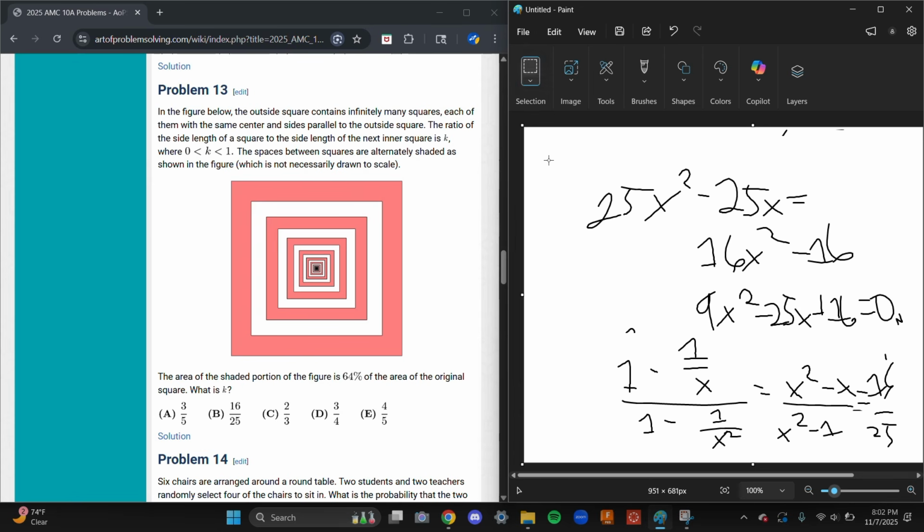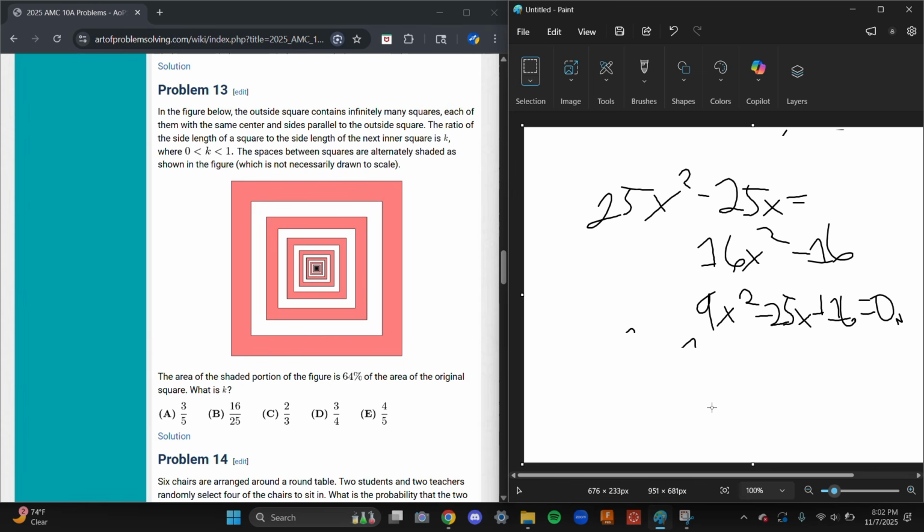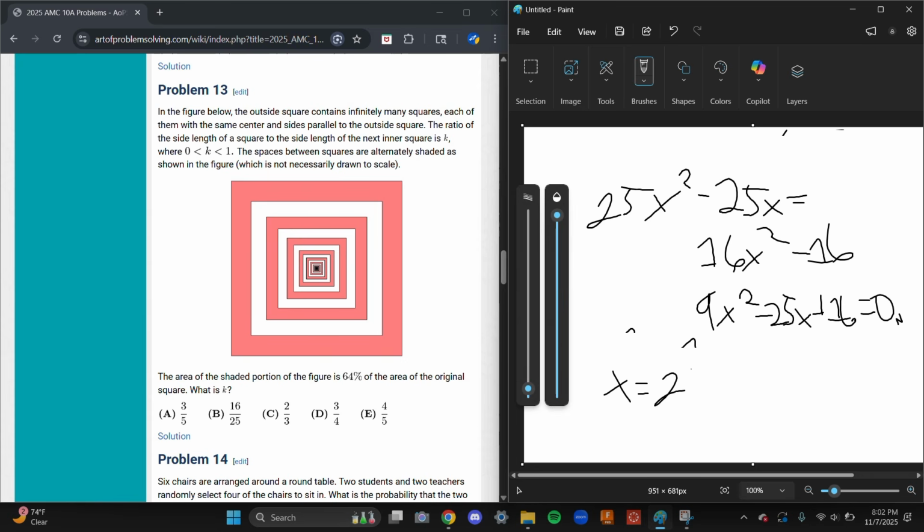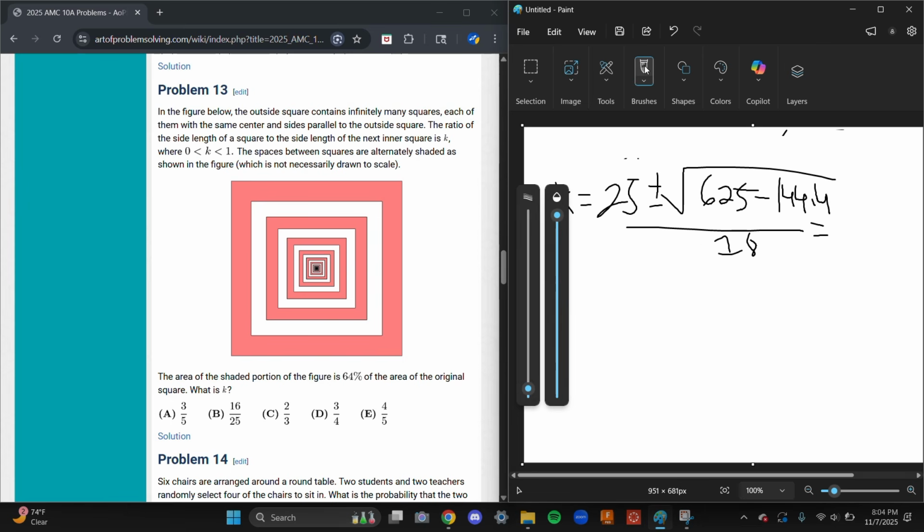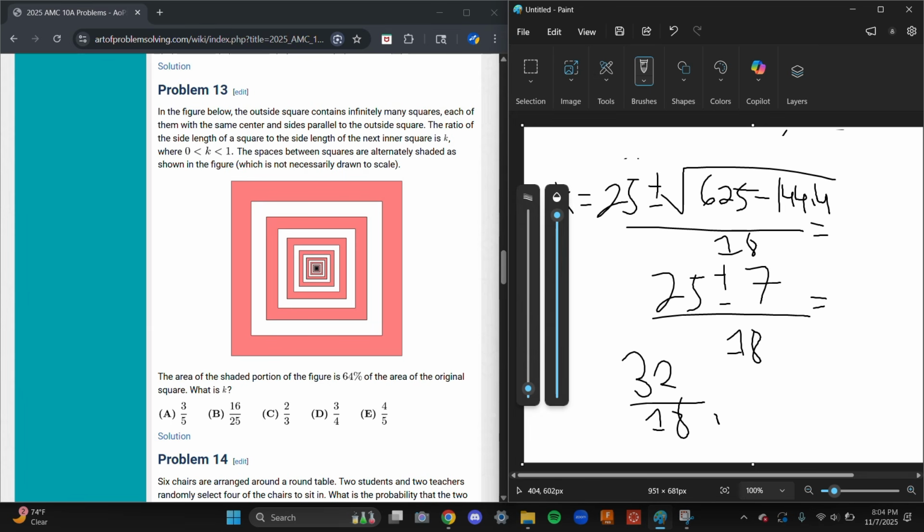So now let's solve for x here. We'll use the quadratic formula, right? x is equal to negative b plus or minus the square root of b squared minus 4ac. So 4 times 9 times 16 is going to be 144 times 4, all over 18. And this is going to give us 25 plus or minus 7 over 18, which equals 32 over 18, or 18 over 18, right, or 1.